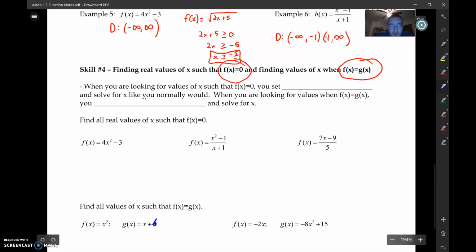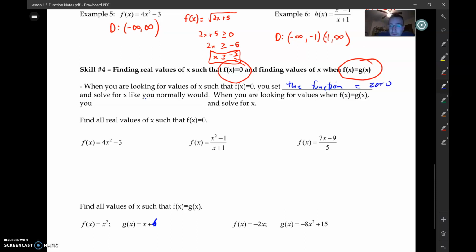So when you're looking for values of x so that a function is equal to 0, you set the function equal to 0 and solve for x like you normally would.